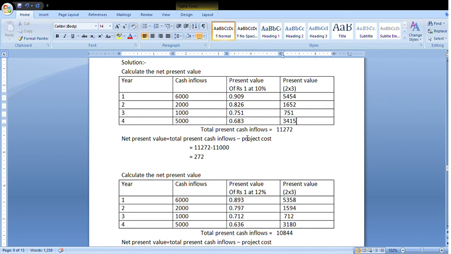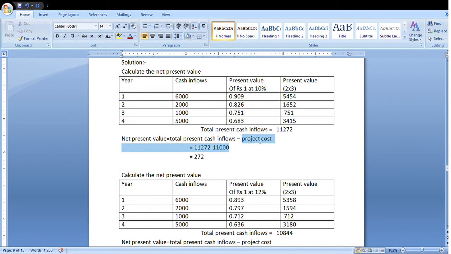Total present value of cash inflows is 11,272. Next, we calculate the net present value. Net present value is equal to total present value of cash inflows minus project cost. Total present cash inflows you calculated is 11,272.